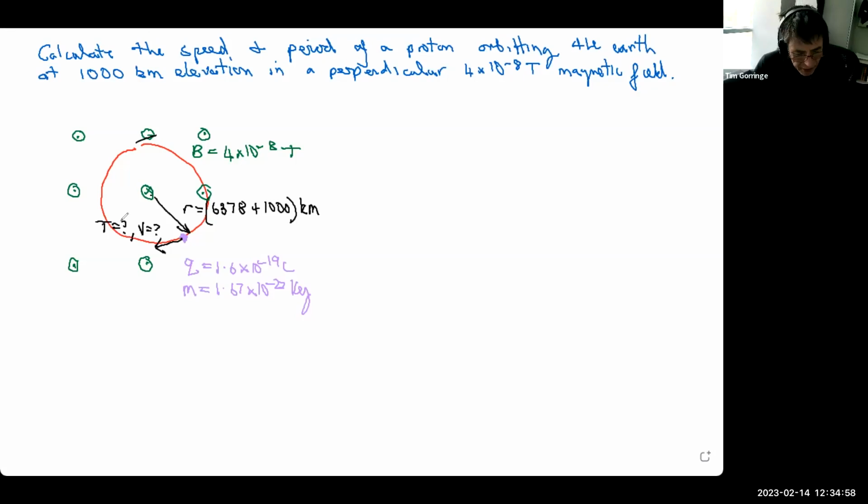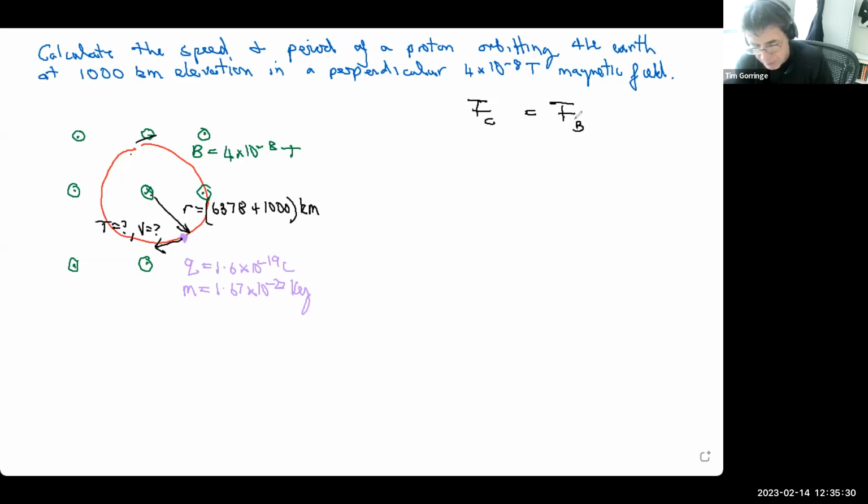The basic idea here, the key idea, is that this proton is undergoing circular motion in this magnetic field. That is, the magnetic force that's conveyed by the magnetic field is providing the centripetal force that causes the circular motion. And so I'm going to write down that key starting point over here on the right-hand side.